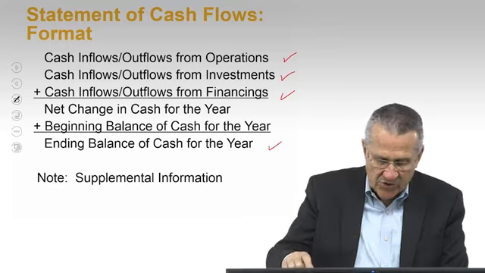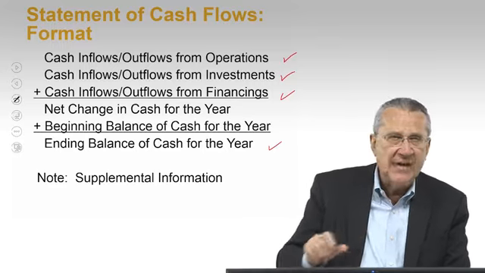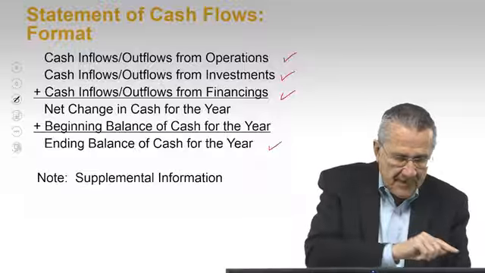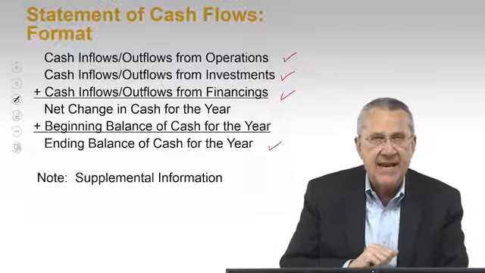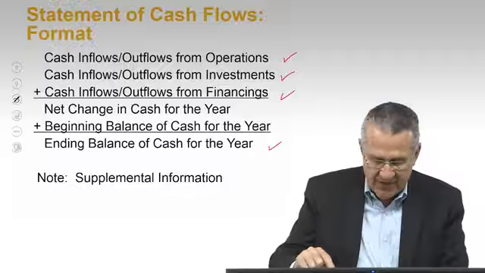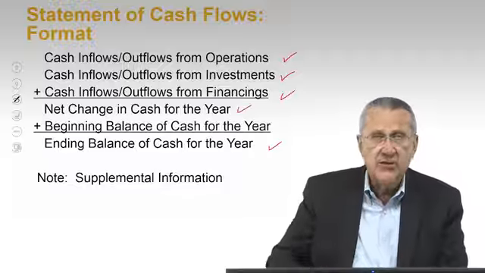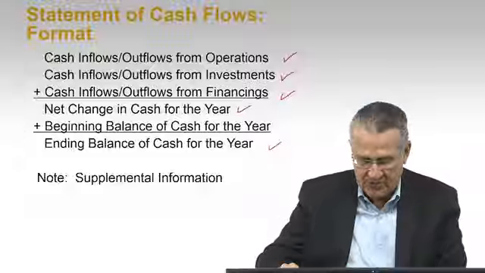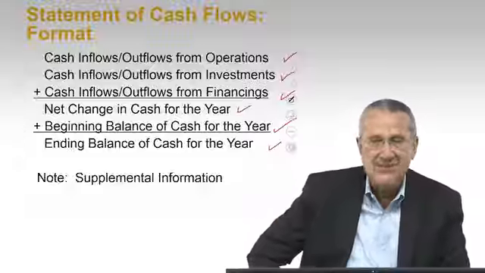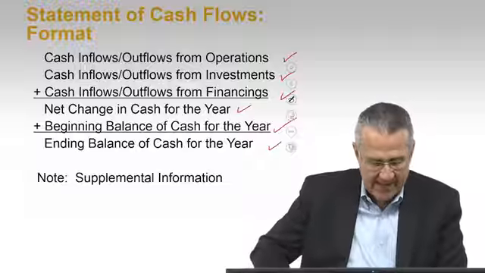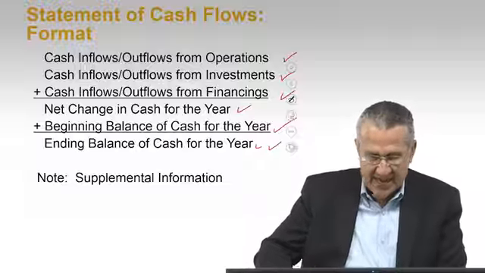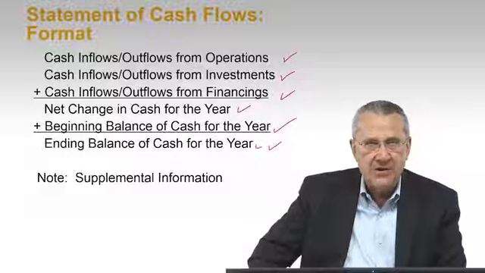And then what we manage to do is bridge two cash accounts, the beginning cash account and the ending cash account. This number is the ending balance of cash for last year, and this number is the ending balance for cash this year.